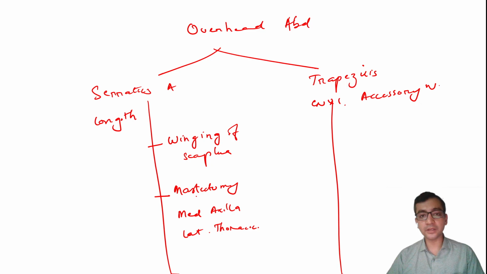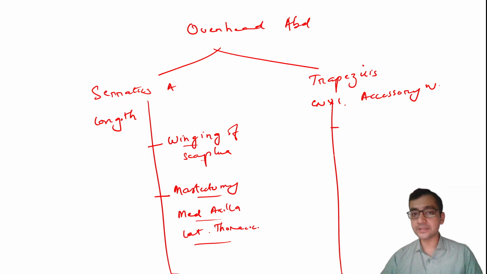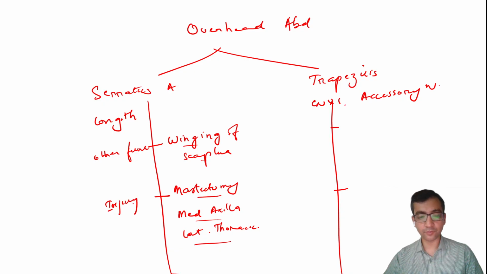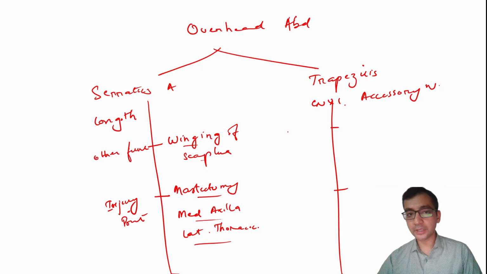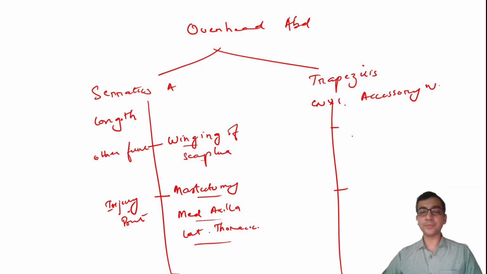You will be either given a case of mastectomy or medial axillary wall, lateral thoracic wall injury, and the winging of scapula. However, in the other case, you will see either the other function or the injury point. The other function that the trapezius does is shrugging of shoulders.